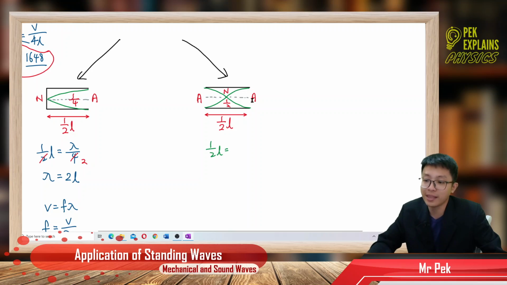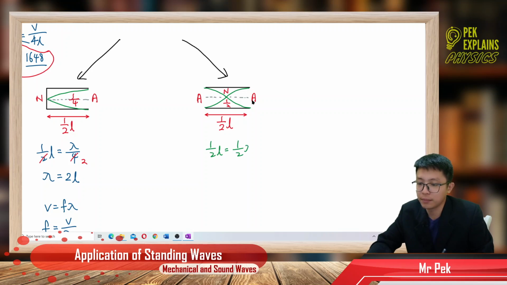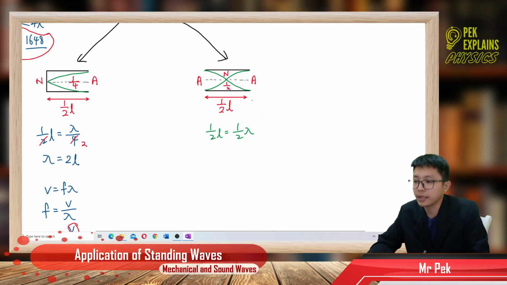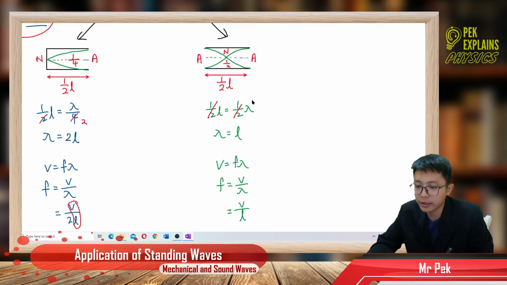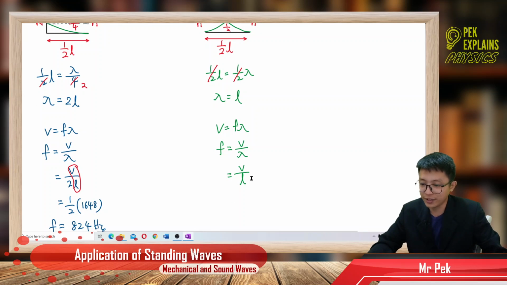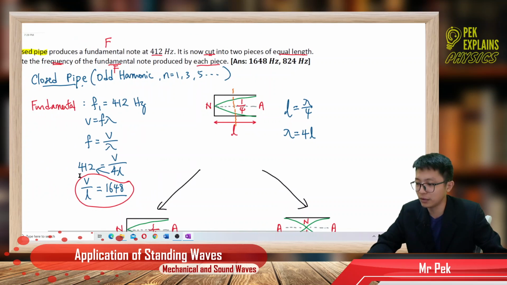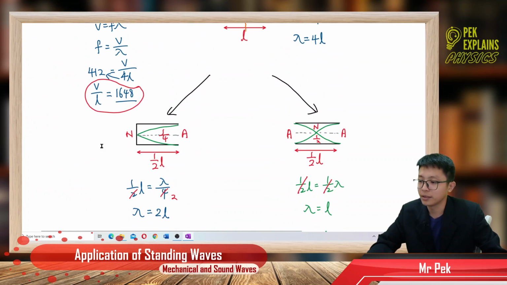So half lambda equals half L, and we can cut off and get lambda equal to L. Then V equals F lambda, so the frequency is V over lambda, which is V over L. V over L is 1648, isn't it?